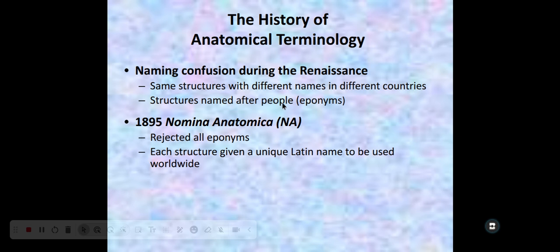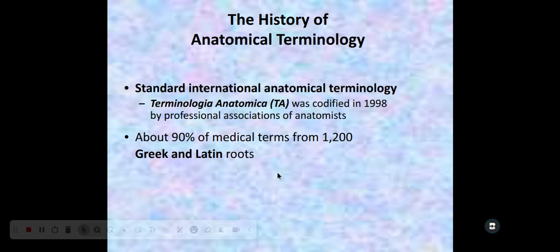So we got to make sure that it's standard amongst everybody. In 1895, Nomina Anatomica rejected all eponyms, which means we don't want to name stuff after people. Each structure was given a unique Latin name to be used worldwide, so everybody would know what you're talking about.